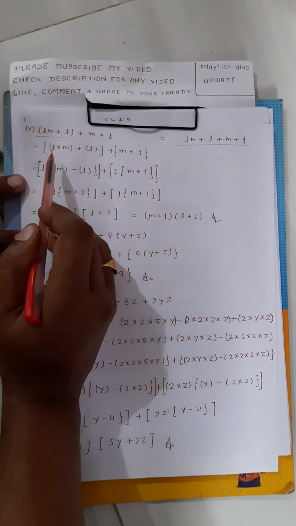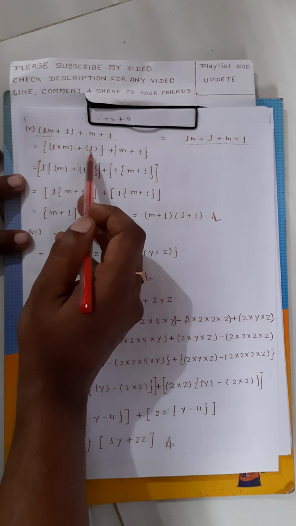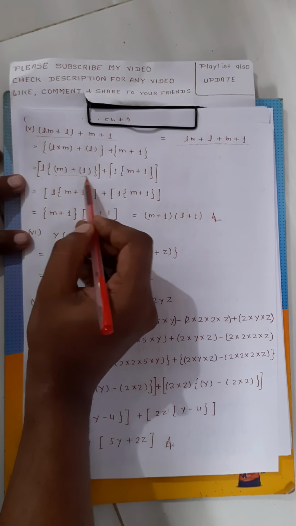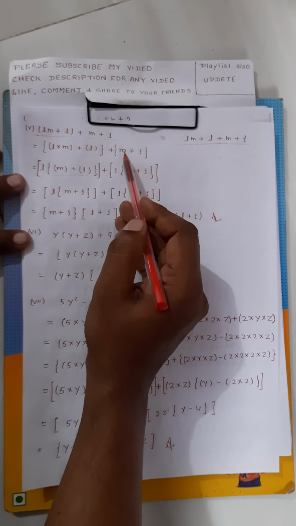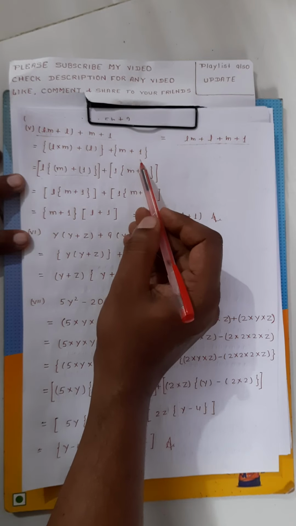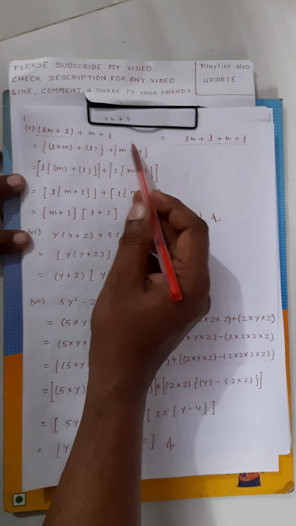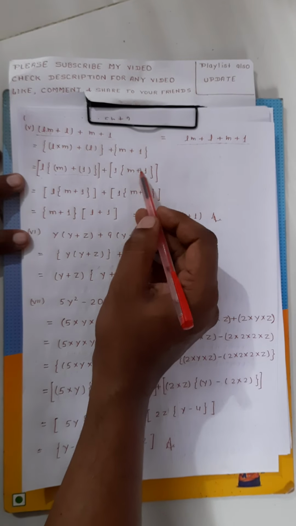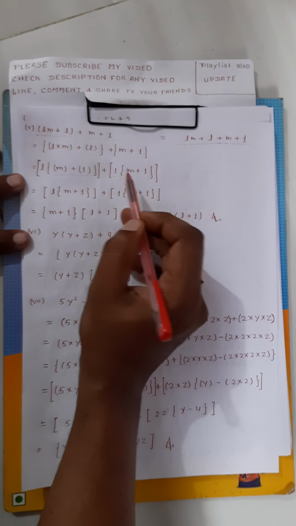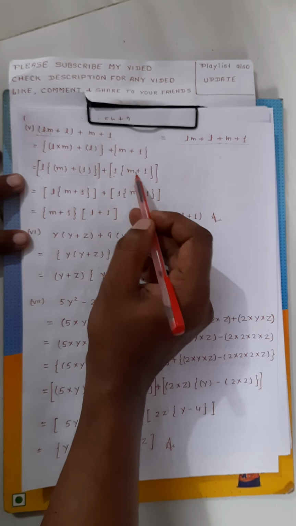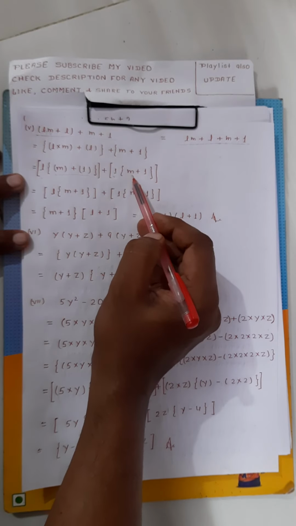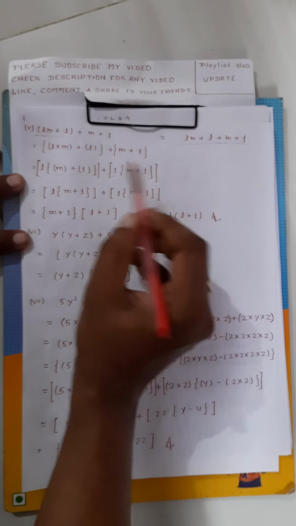If we take out m from both terms, then our value becomes m plus 1. And for the m plus 1, we already saw that if there is no common factor, then we take 1. So 1 will be the common factor for m plus 1, and m will be left here and 1 will be left here. Here m plus 1, here also m plus 1.